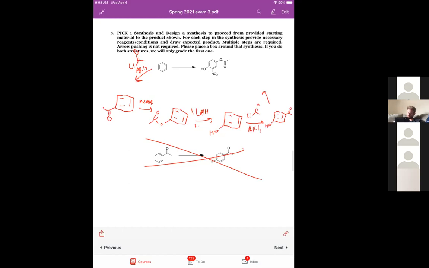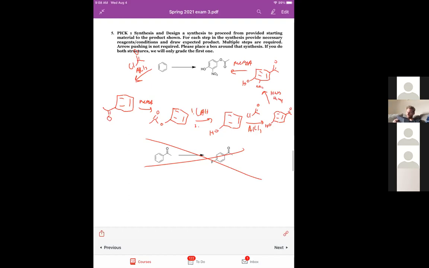I'm going to throw in HNO3, H2SO4, add the nitro group. And then MCPBA will give me my final product. A couple of these you can move around and still get the same answer. You could do the MCPBA before the HNO3.